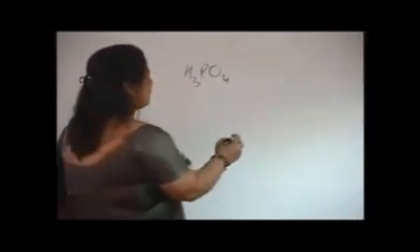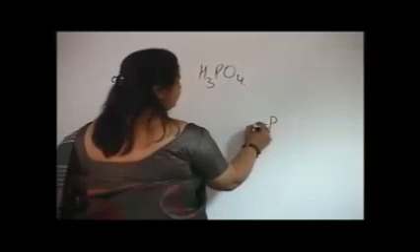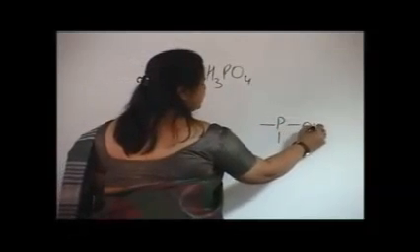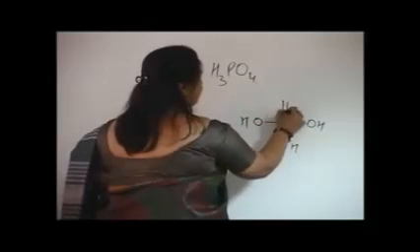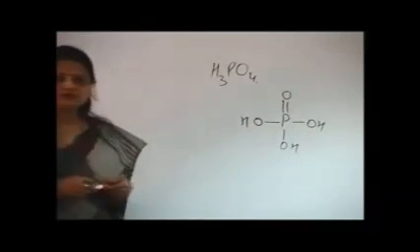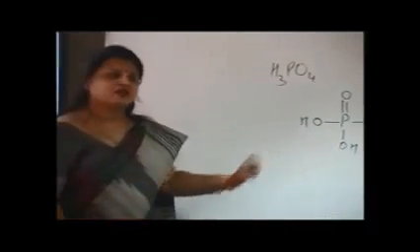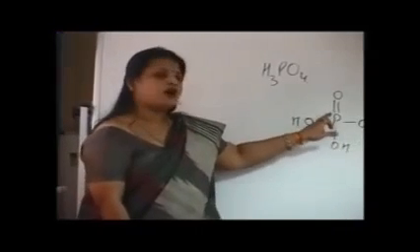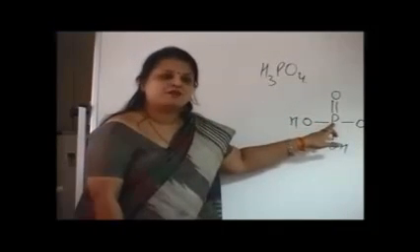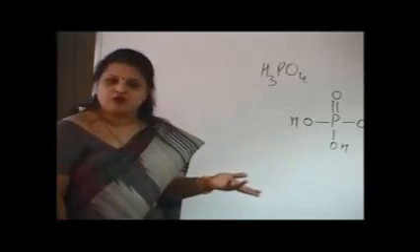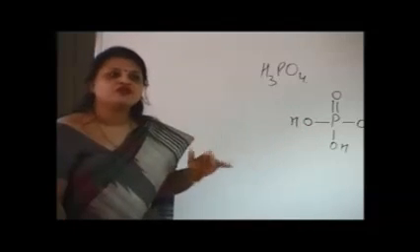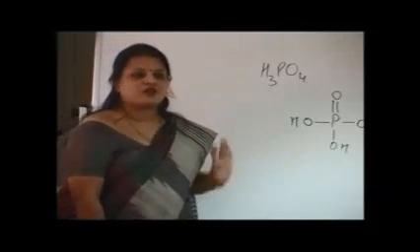That means we have phosphorus, 3 OH bonds like this, and then we have double bond O. Okay. Again in this process, you can see the octet of phosphorus is expanded. It has 10 electrons around it, and it can afford that because of the presence of d orbitals. So, it is a tribasic acid.